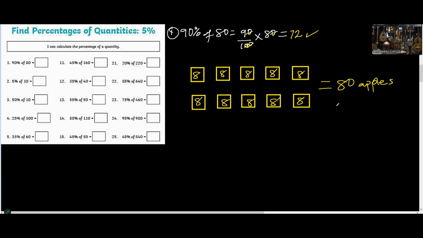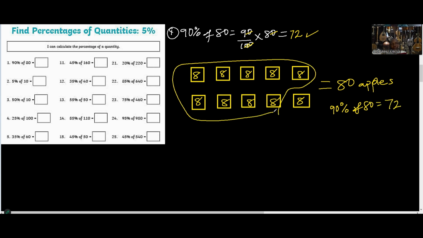Yeah. So to get 90% of 80, this gives us 72 because that is 9 out of the 10, right? Yes.